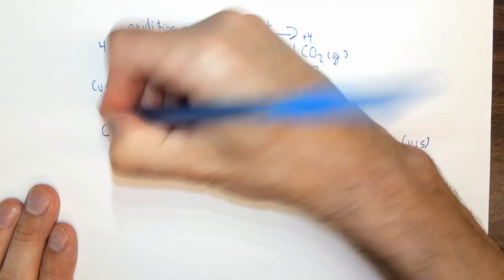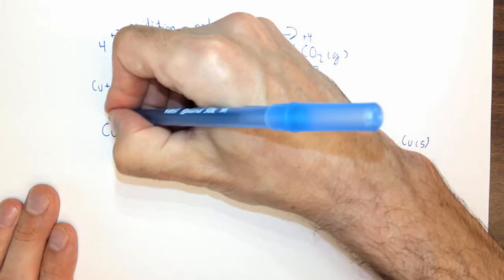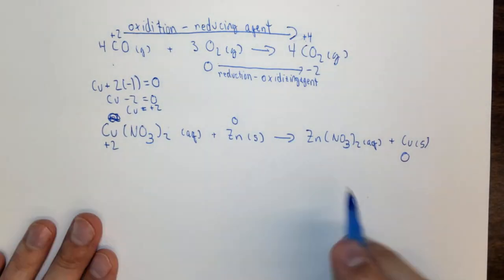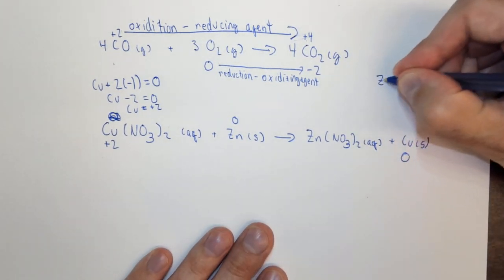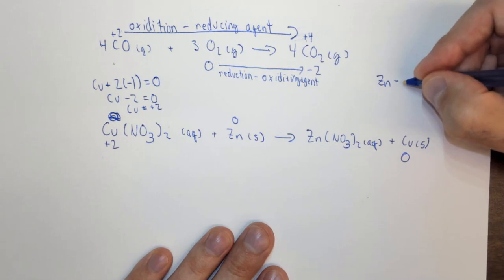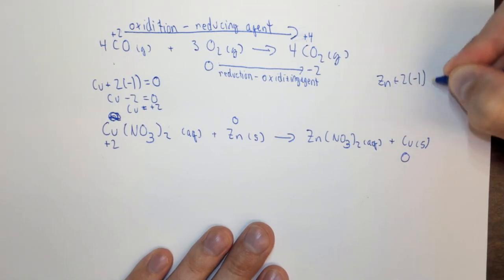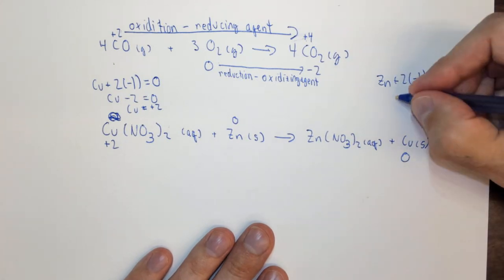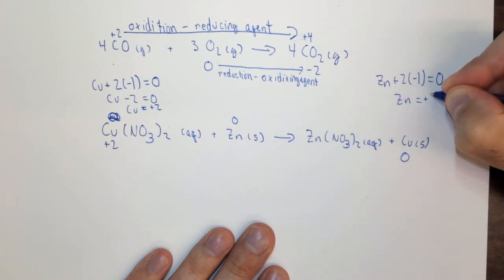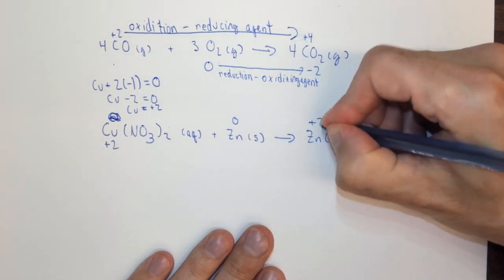So copper is plus 2. Whoops, I meant to write that down here. Now let's look at zinc in zinc nitrate. We have zinc plus 2 times minus 1 equals 0. It still has 2 nitrates, each with a minus 1 charge. Zinc equals plus 2, just like copper, plus 2.